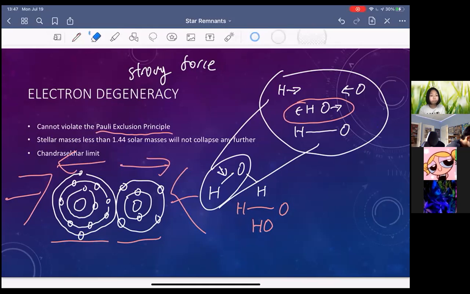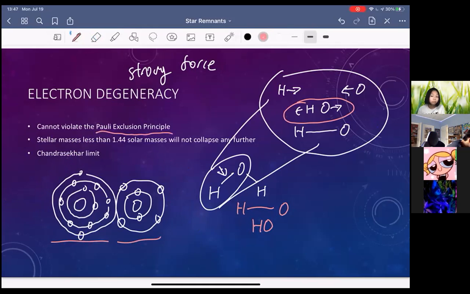What the Pauli exclusion principle says is that these electrons cannot become any closer. They cannot overlap. If they overlap, it violates this principle. Since these electrons really do not want their orbits to overlap each other, that is what prevents gravity from pushing them together any further.